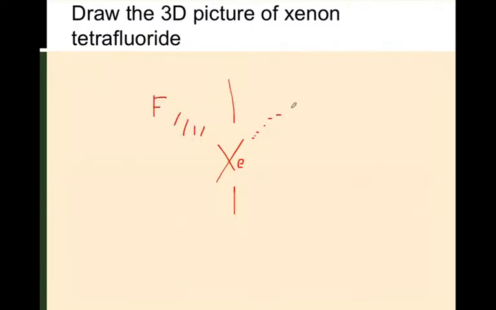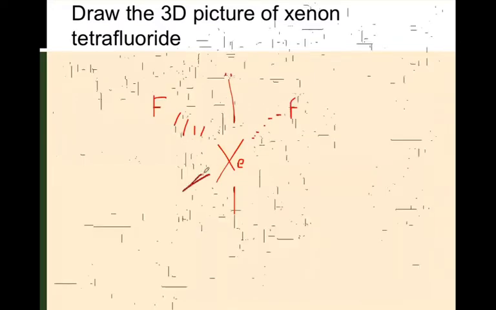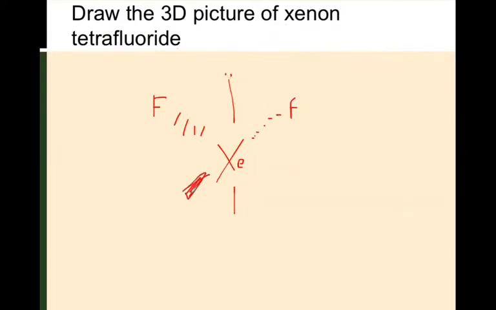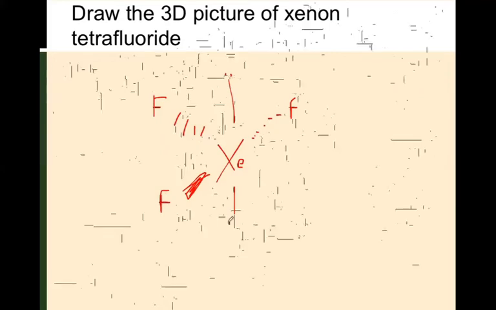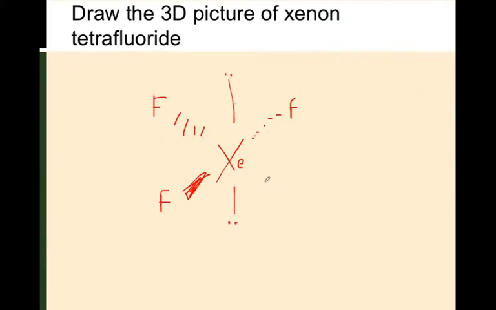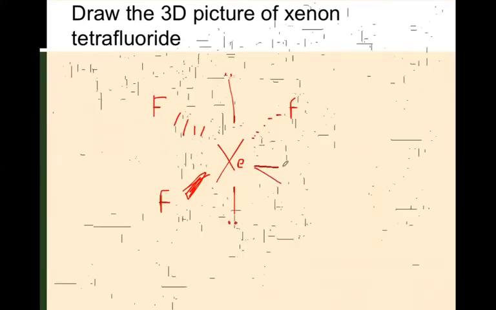It's kind of hard to draw on this. The molecular geometry is going to be square planar, but the electron domain geometry, because there are 6 electron domains, will of course be octahedral.